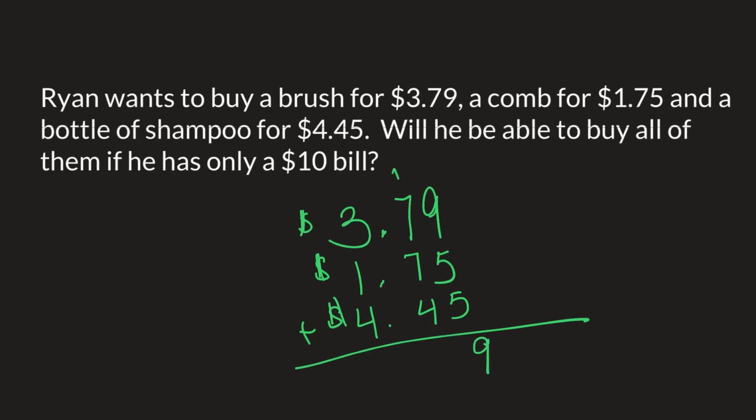Regroup. 7 plus 7 plus 4 plus 1 is going to give us 19. Regroup. 1 plus 3 plus 1 plus 4 is going to give us 9. Bring down the decimal. So he spends $9.99. If he has a $10 bill, he can absolutely buy all of the items.